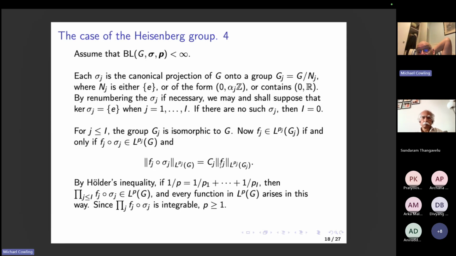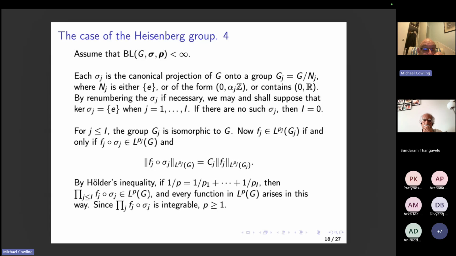Now, Hölder's inequality says that if I take 1 over p equals 1 over p1 plus 1 over p2, and so on up to 1 over pI, if I sum all of the reciprocals of the p's for this range where I really know exactly what's going on, then this product has to be in L^p of G. We've talked about Hölder's inequality and why this is true.